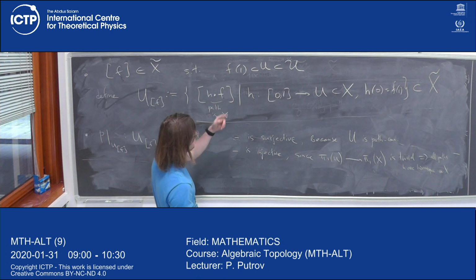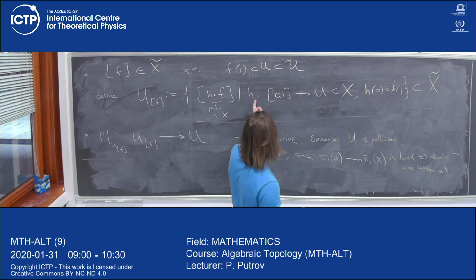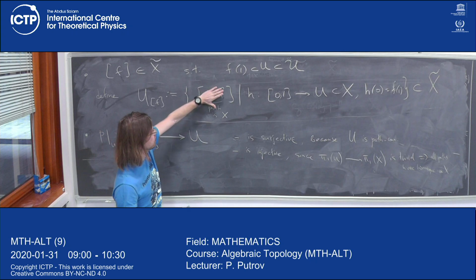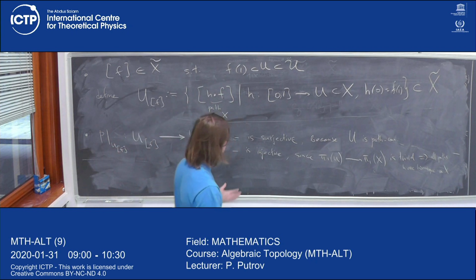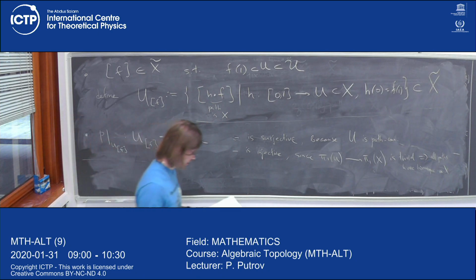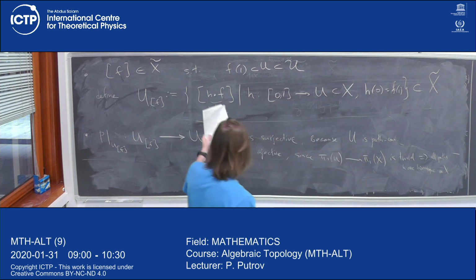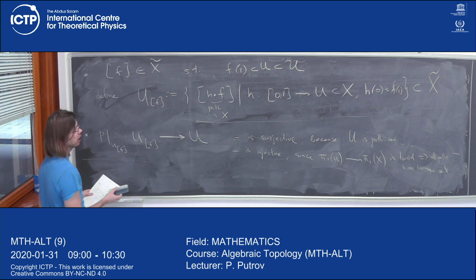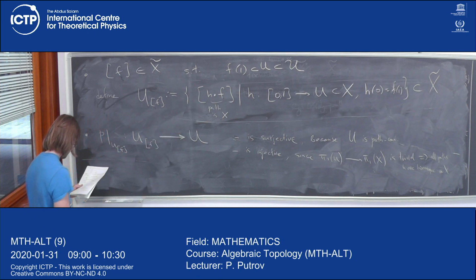If you fix F and a fixed endpoint of H, H of 1, this class will always be the same as a class of paths in X, and this means there is a unique class here.